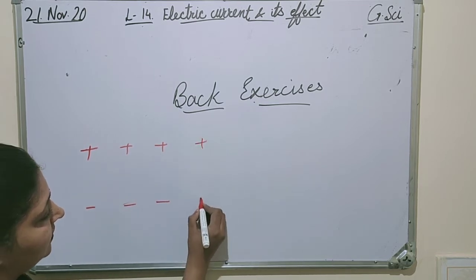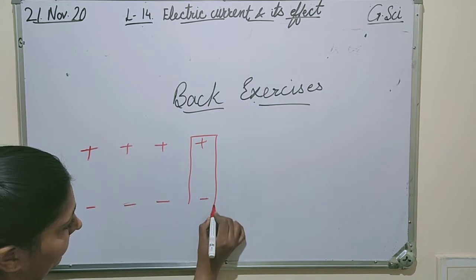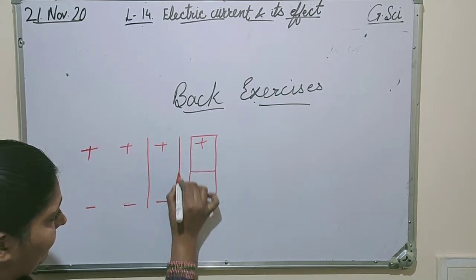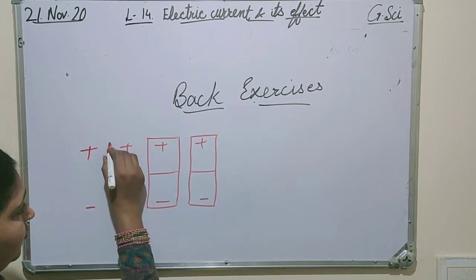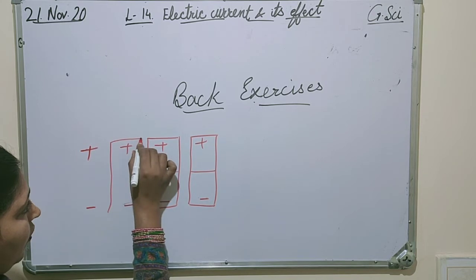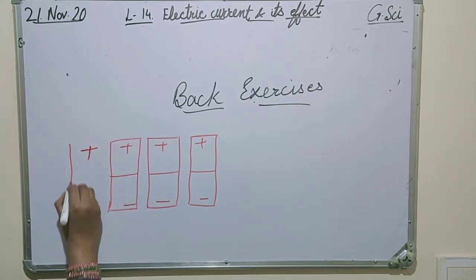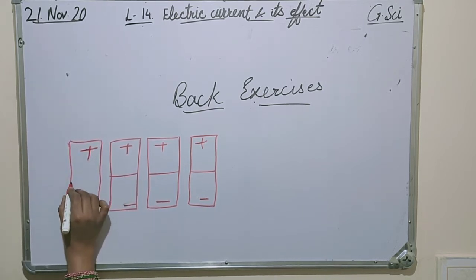There are 4 cells drawn here, and you just have to draw lines. How can we connect these cells? It will be very easy for all of you.